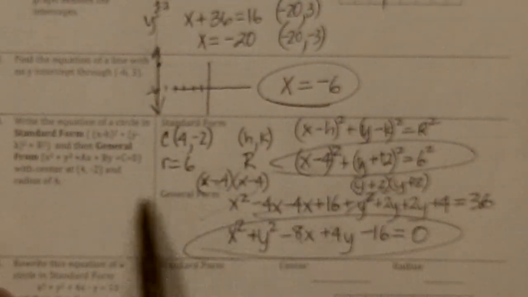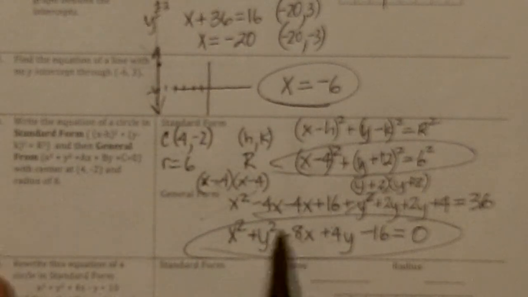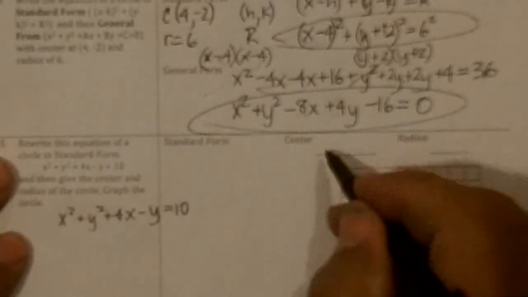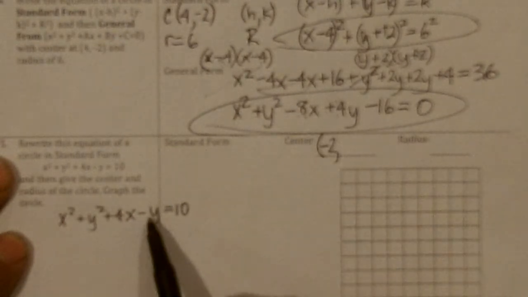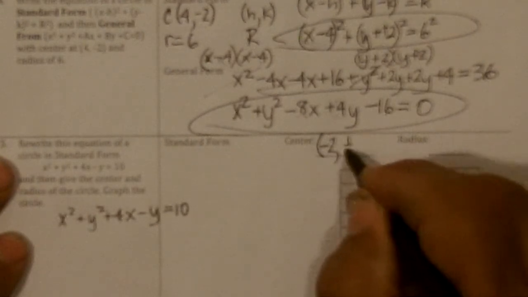So the center is the coefficient halved, and opposite in sign. 4 halved is 2, so the center has to be minus 2. Remember, opposite in sign. What halved is minus 1? That would be minus 1/2, and change the sign, so it would be plus 1/2.